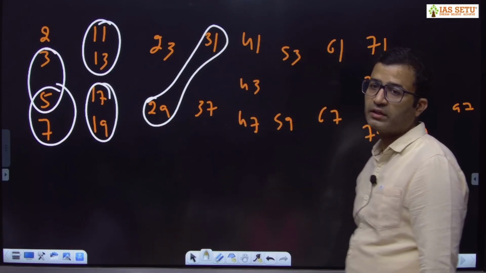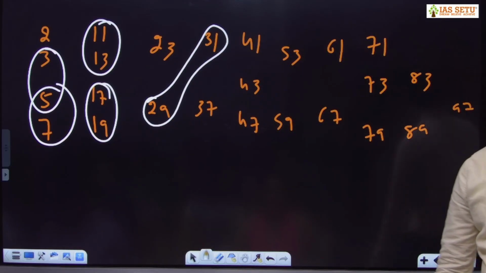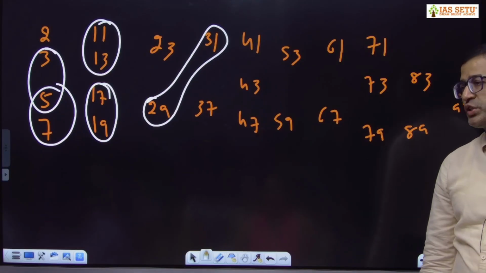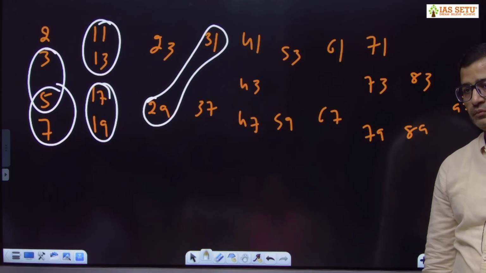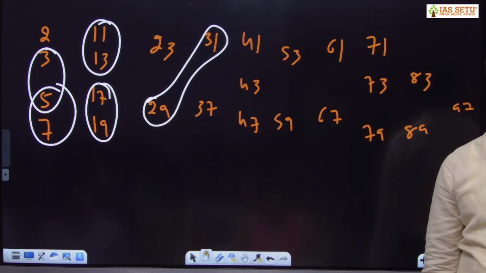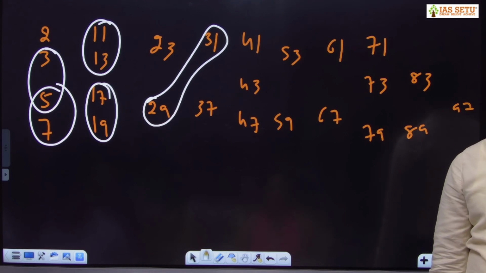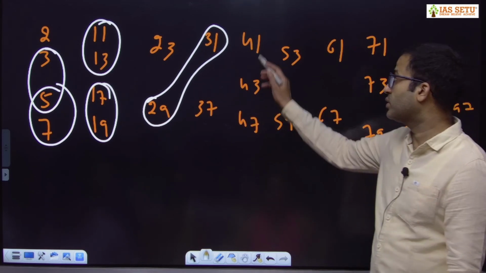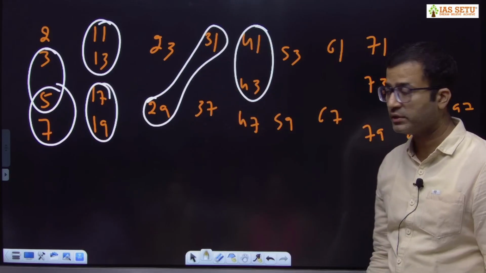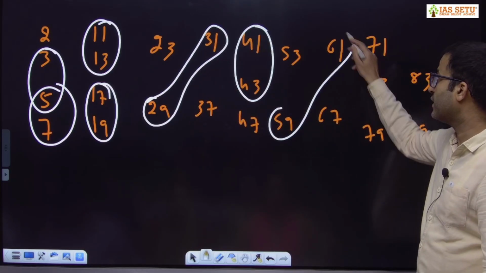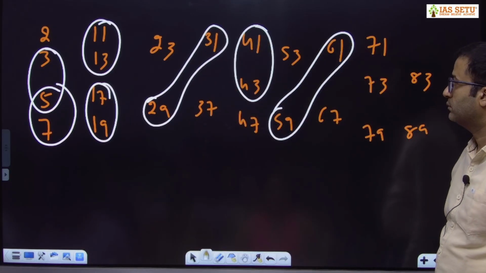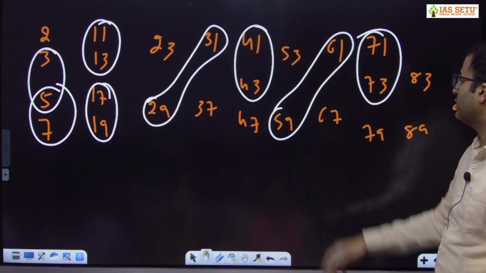29, 31 is also a pair of twin primes because these are two consecutive prime numbers with a difference of 2. Okay, you might have heard that you have to read between the lines, but you have to read across the lines also. So next is 41, 43, then 59, 61, 71, 73.